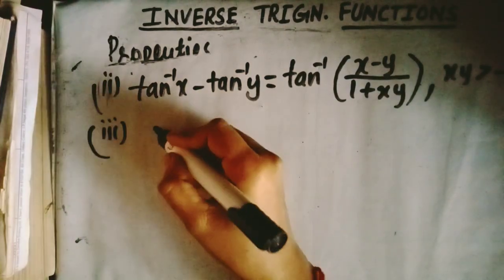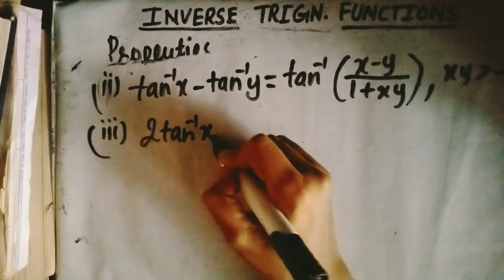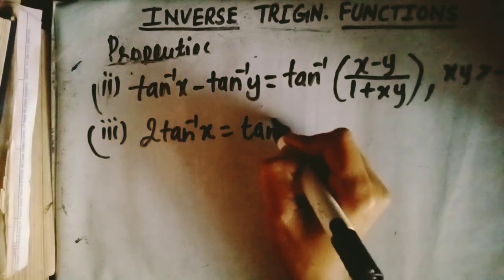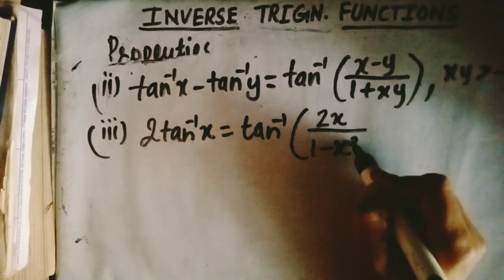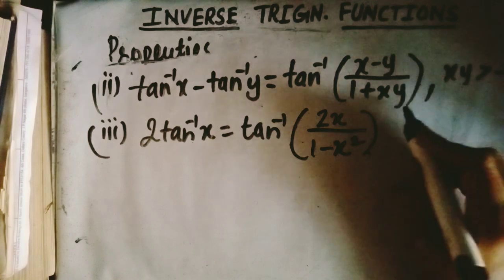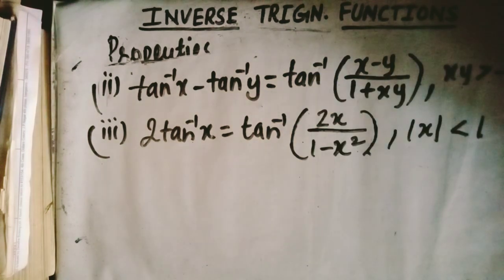The third property is 2 tan inverse of x is equal to tan inverse of 2x upon 1 minus x square, where mod of x is less than 1.